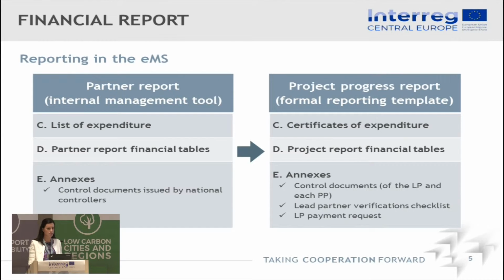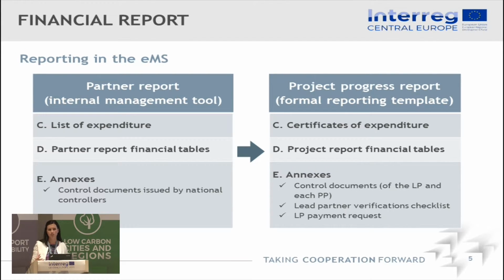So in the EMS, you have these two reports that you've already seen in the walkthrough. You have on the one hand the partner report. The partner report is on the one hand an internal management tool for you, and it's also the basis for reporting to the national controllers.